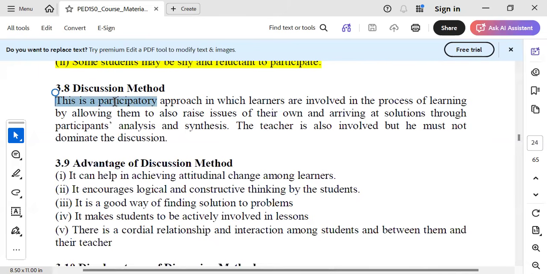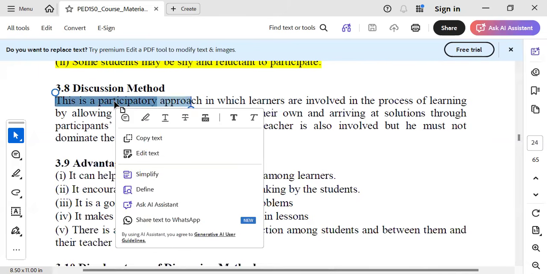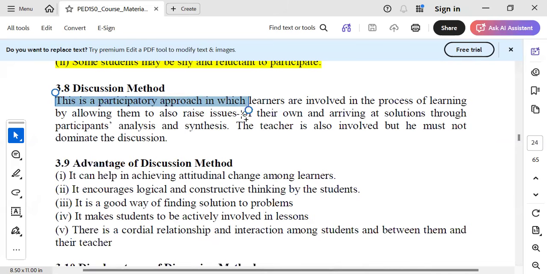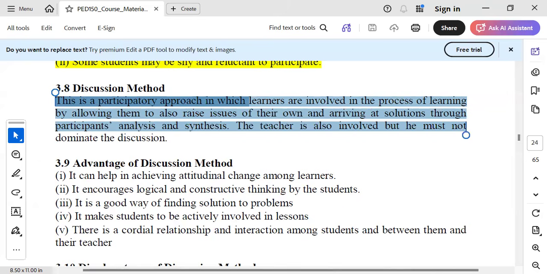This is a participatory approach in which learners are involved in the process of learning by allowing them to also raise issues of their own and arriving at solutions through participants' analysis and synthesis. Now, the teacher is also involved, but he must not dominate the discussion.